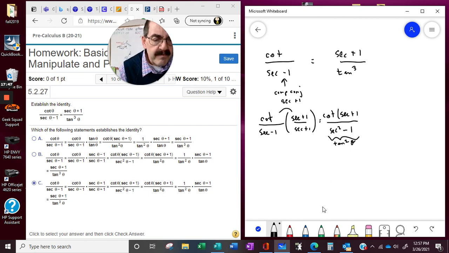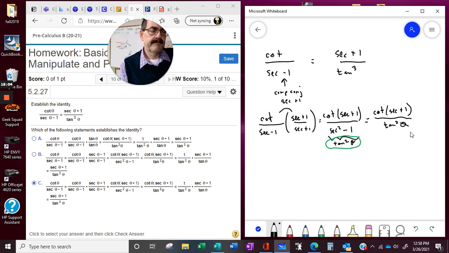This gives us tangent squared theta. So now cotangent times secant plus 1, and this is tangent squared theta. Now secant is 1 over cosine, plus 1. Cotangent is cosine over sine.